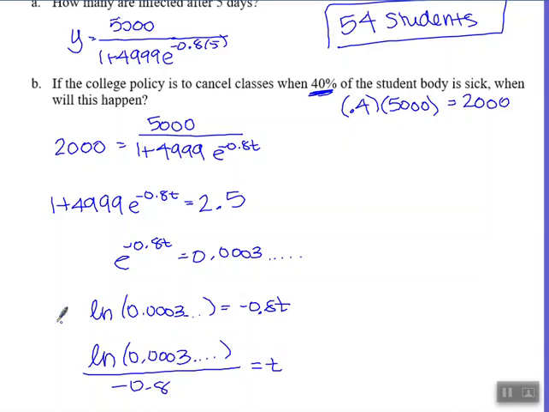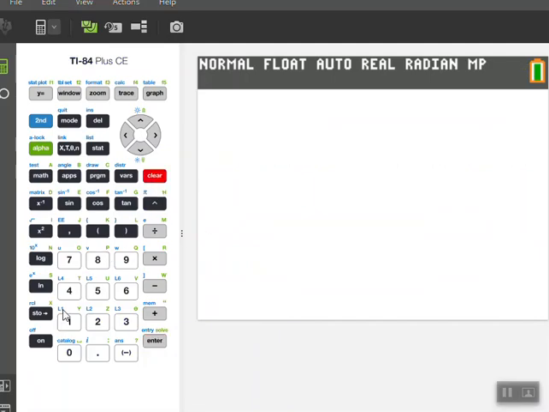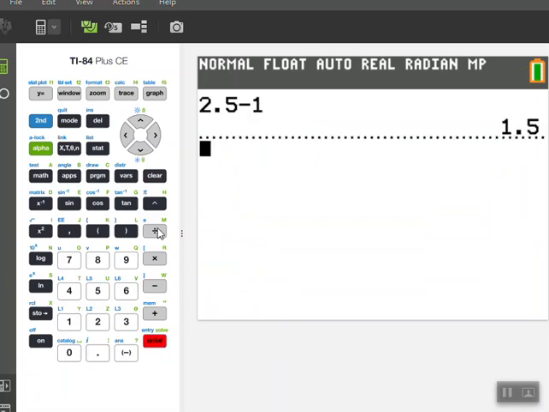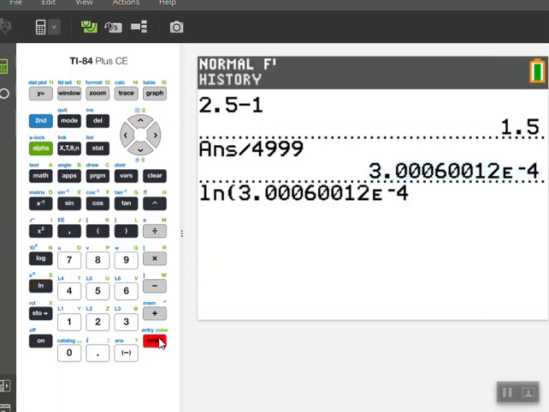So then if we go to our calculator, that decimal that I wrote out, 0.0003, etc., is 2.5 minus 1 divided by 4,999. So we have natural log of this number divided by negative 0.8.